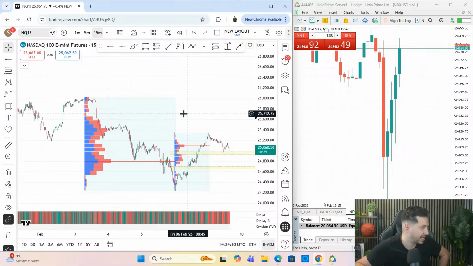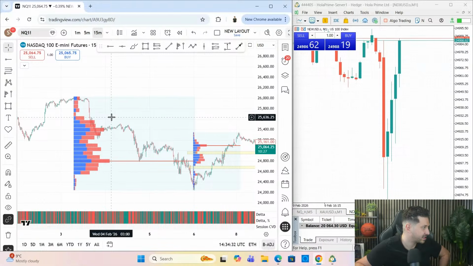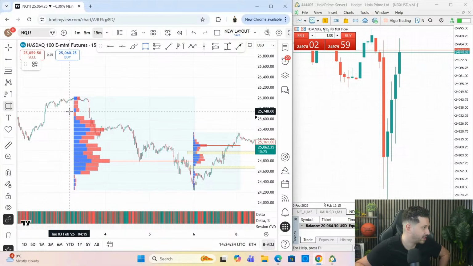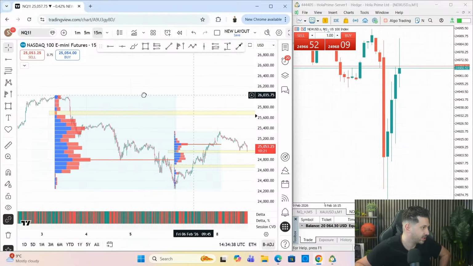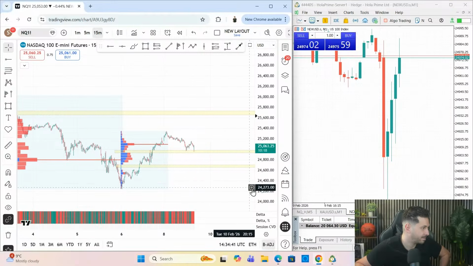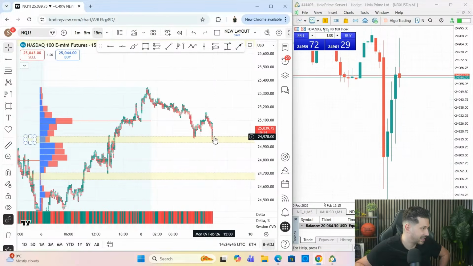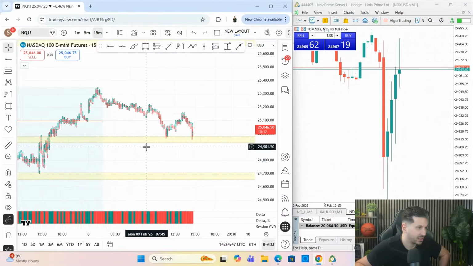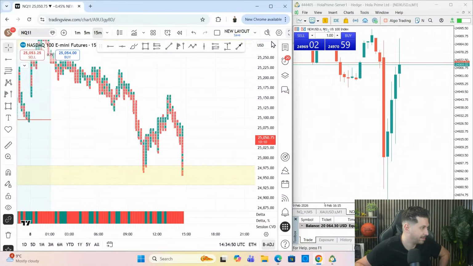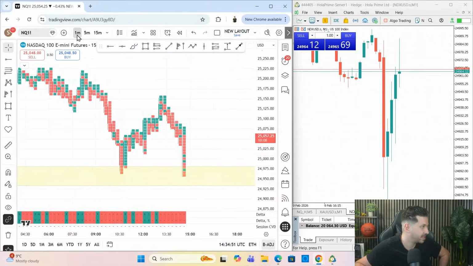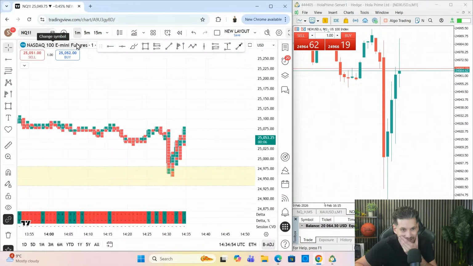Let's see, do we have any nice little gaps above? We do have one a bit further up here. Whether we'll reach that, who knows? It's a bit of a movement away. Slightly annoying. That was a really good one that we just missed. But we're going to keep our eye on the order flow and maybe we do find something.